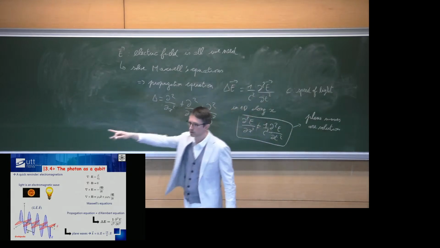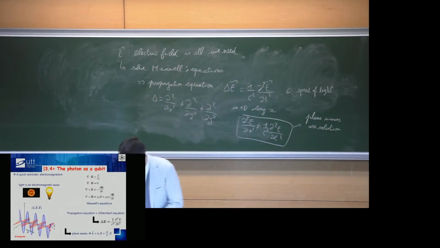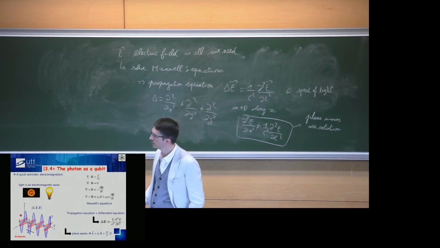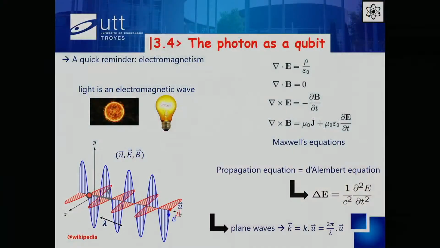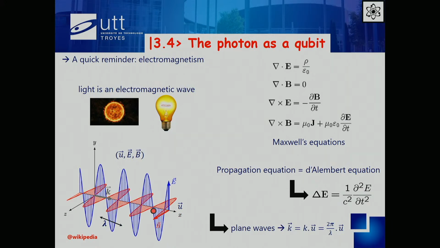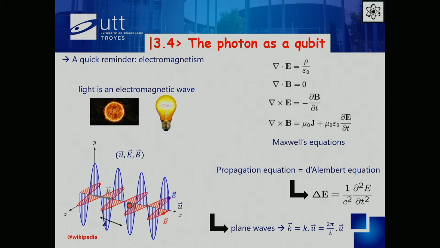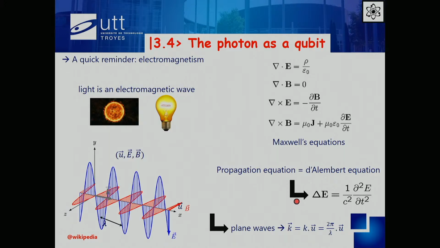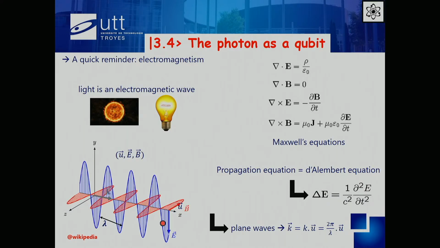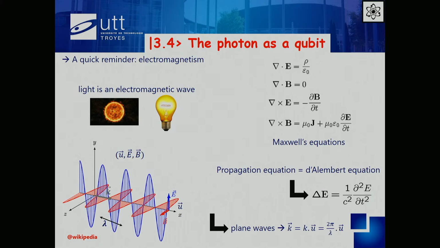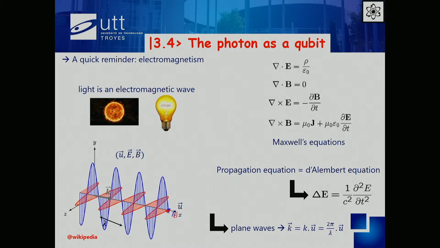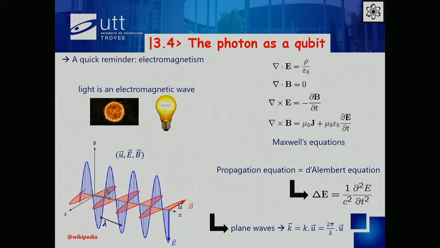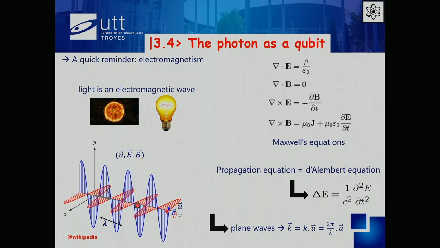And what does it look like? Well, you've got an example here, a nice little video, of the propagation of an electromagnetic wave along the x-axis, which verifies this equation. It's a plane wave, which I'll come back to later, meaning it's just an oscillating function of time and distance.